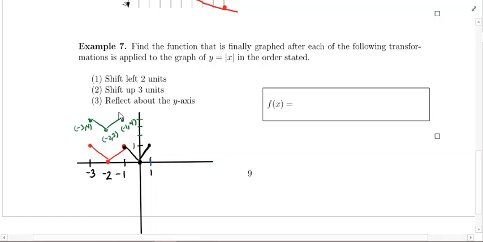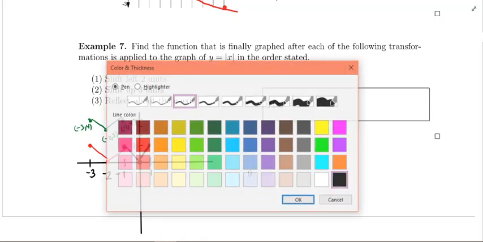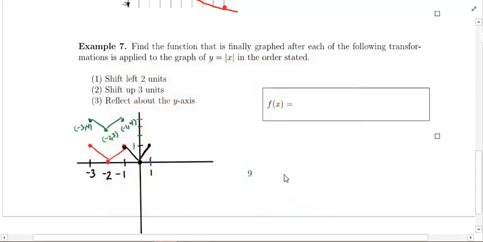The last thing I need to do is take the green part and reflect it over the y-axis. This should be simple because we can use our symmetry rules. Our green points are negative 3, 4, then negative 2, 3, and then negative 1, 4.